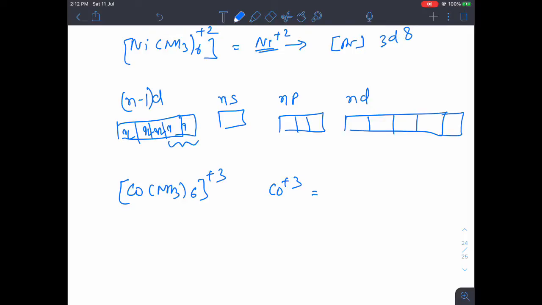So what will be the electronic configuration? So very simple, argon 3d6, 4s0, 4p0 and 4d0.